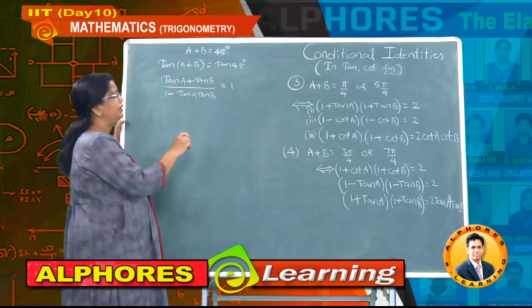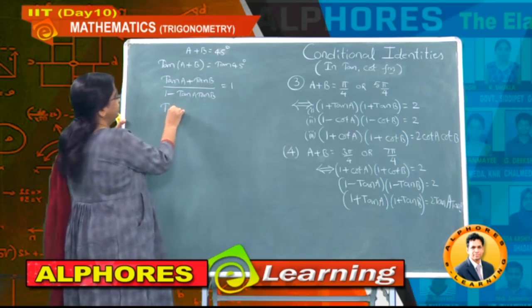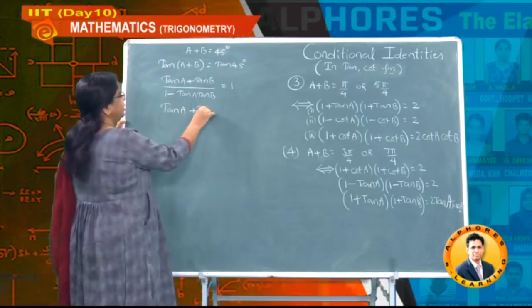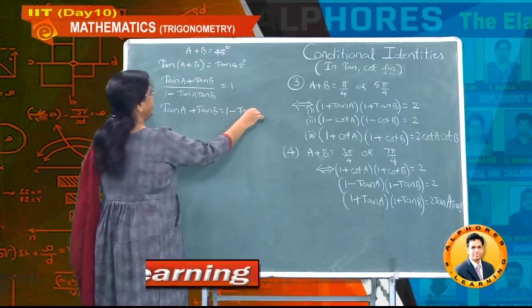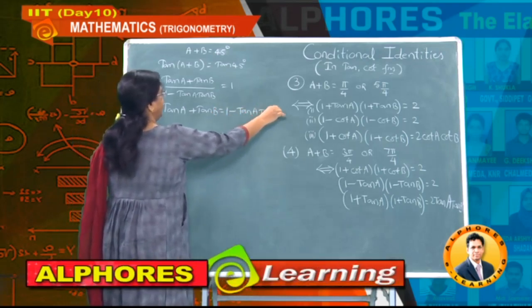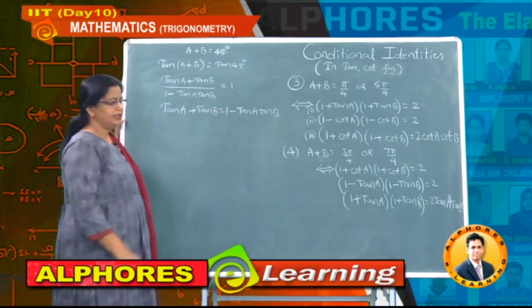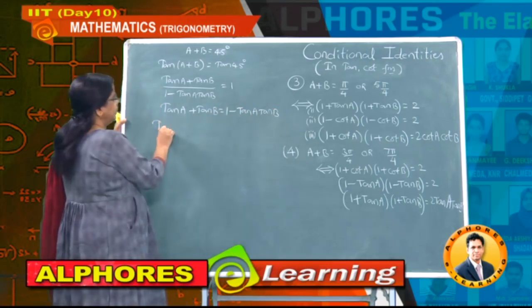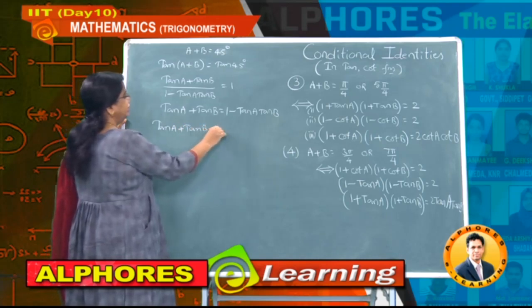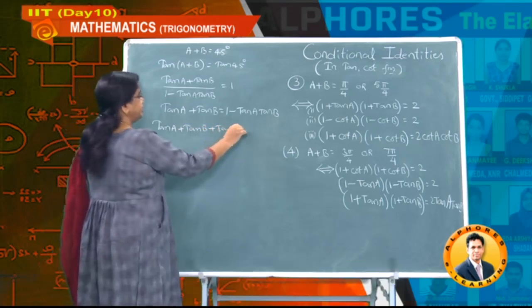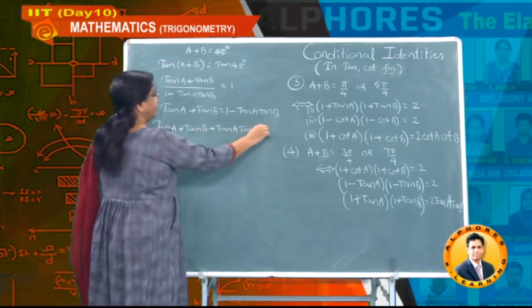Now do cross multiplication, so that tan A plus tan B equals 1 minus tan A tan B. Now let us take the value to this side, so that tan A plus tan B plus tan A tan B equals 1. Got it?